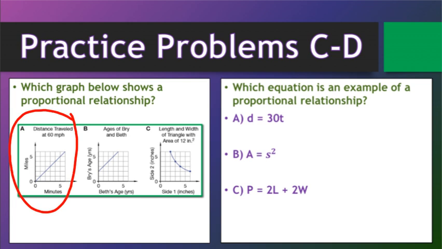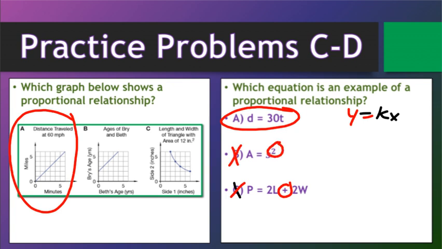So it has to be in the format of y equals kx. And the only one that shows that would be A. It cannot be C because it has an addition sign in here. It cannot be B because it's got a square there. So that's our lesson today on solving proportional and non-proportional relationships.